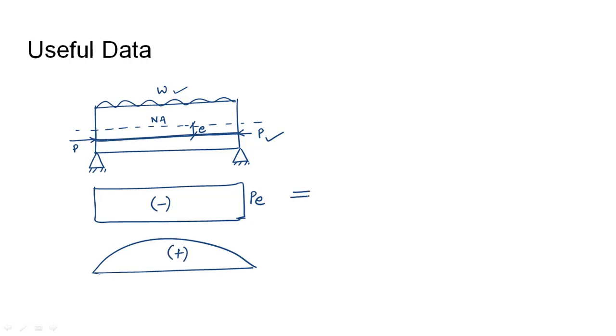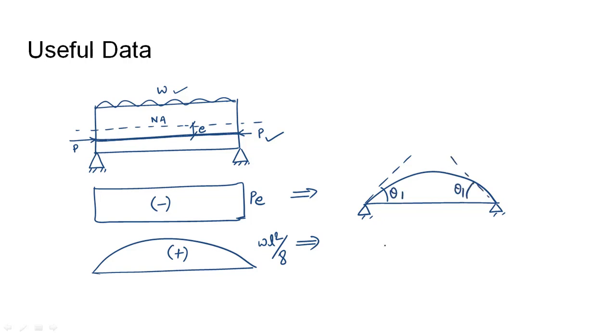Due to these moments of PE and WL square over 8, the deflection diagrams of the beam can be drawn. It would be positive for the pre-stressing force moment, that is theta 1, and for the UDL of value W, it would be negative, and the magnitude of deflection would be theta 2 at both ends.